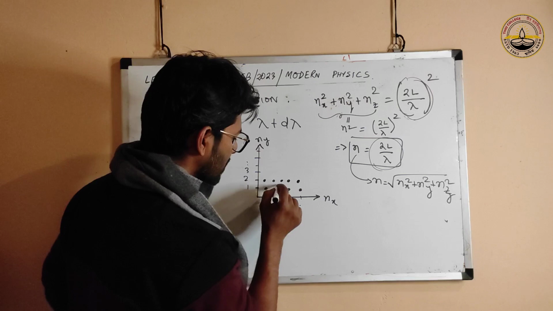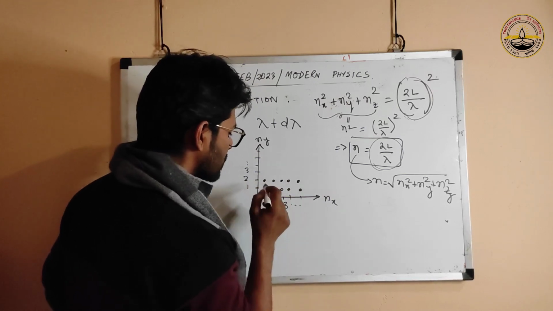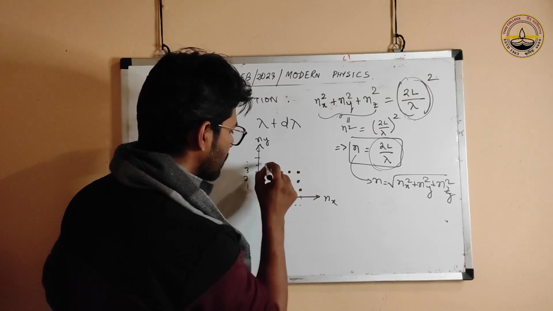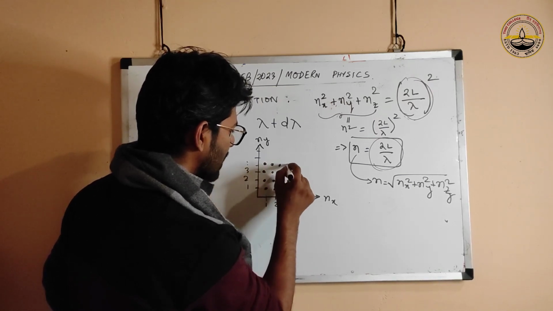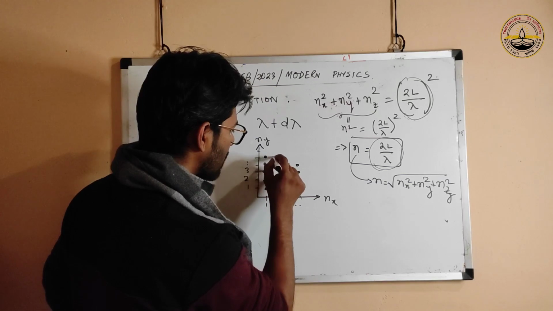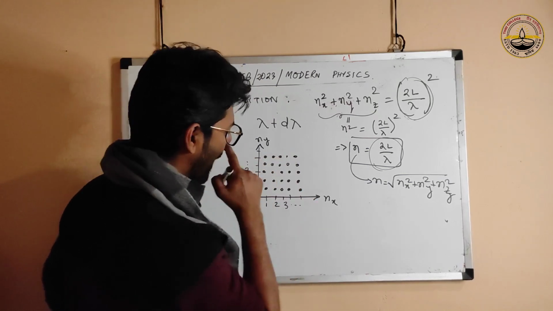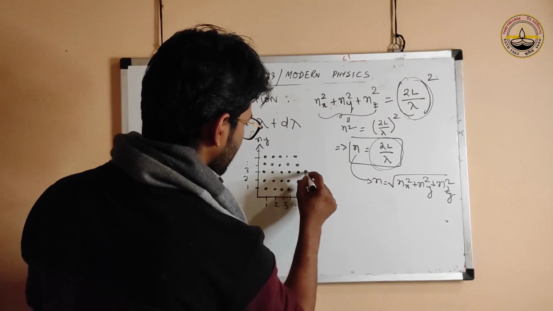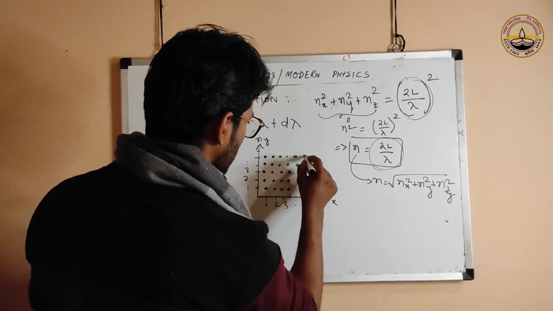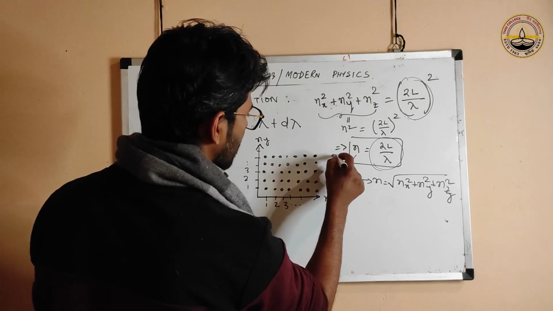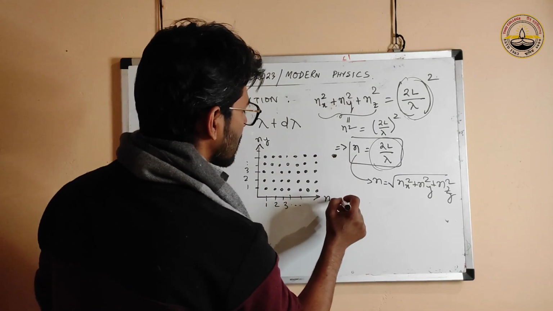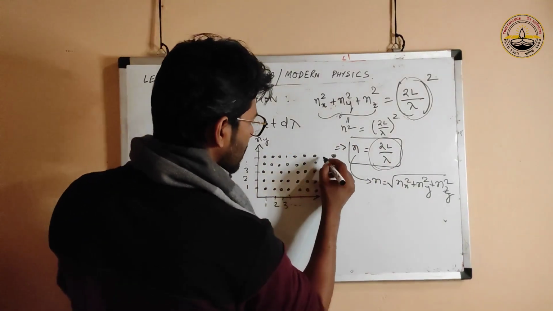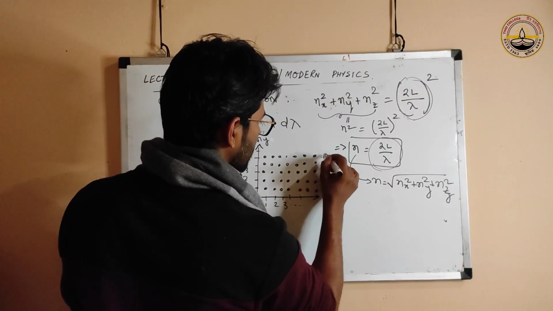Any points in between are not allowed because it has to be an integer value in each direction, nx and ny. For example, something here will be 1000 and here maybe 1001, but there has to be some integer.